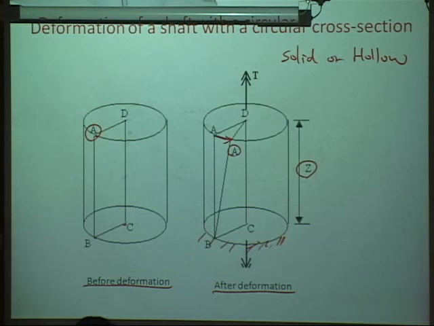And the other points, B and C, are fixed, and D is also stationary. So only A moves toward A prime.